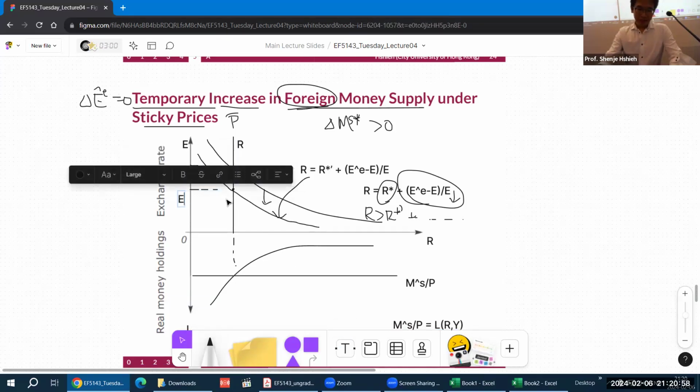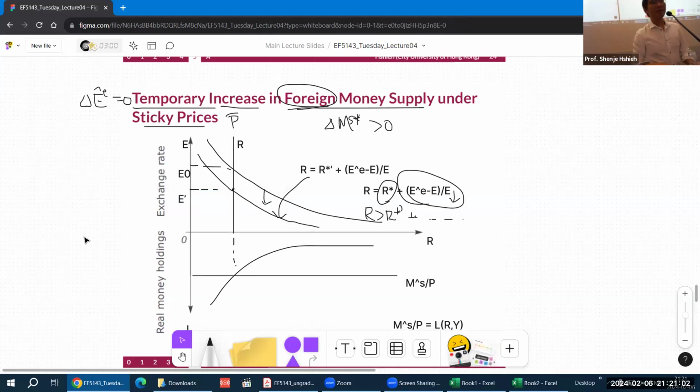Which makes sense. If our trading partner decides to print tons of money, they effectively weaken their currency, and therefore our currency should be more valuable. That's the intuition.